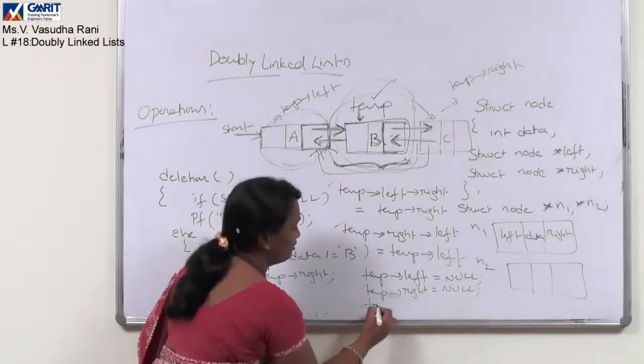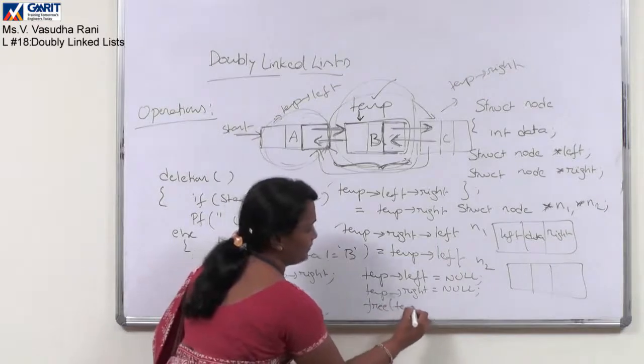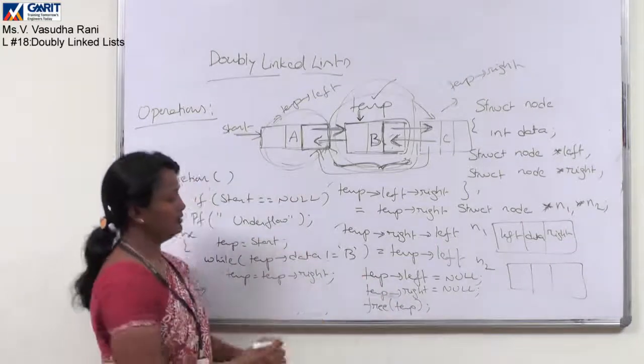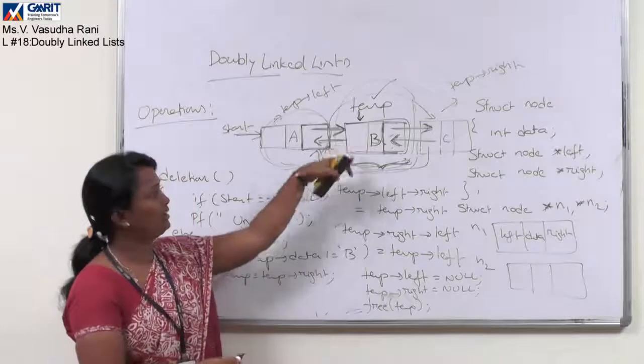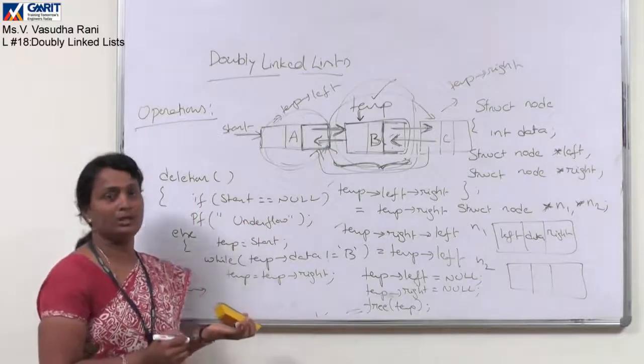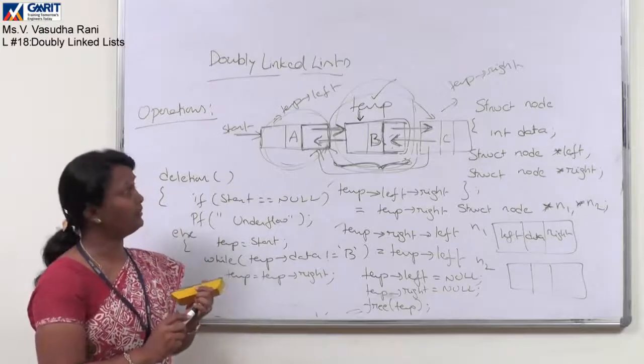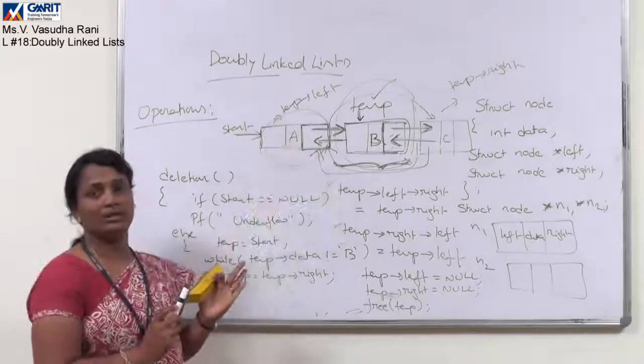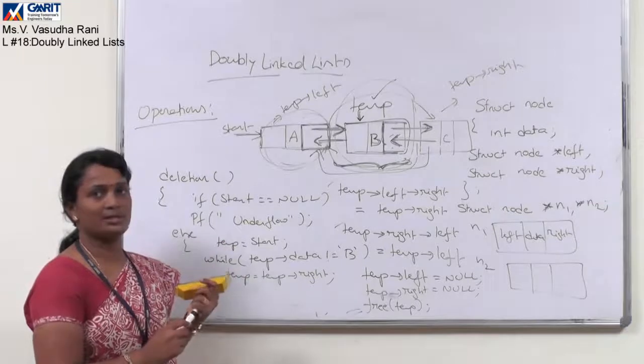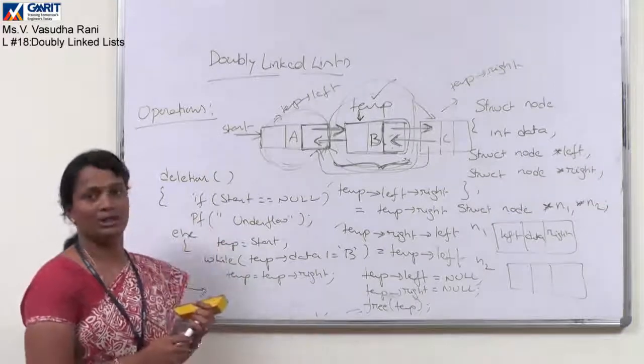Now we can free temp. With this code, we can delete this particular node from the doubly linked list without having identified the previous node to the temp node. This is another advantage we have with doubly linked list.